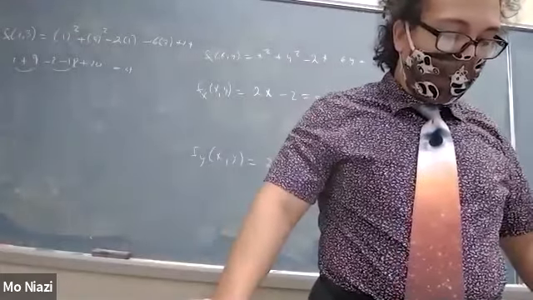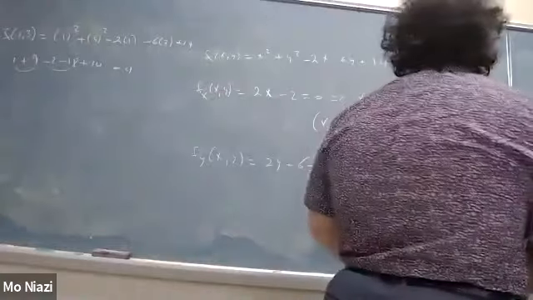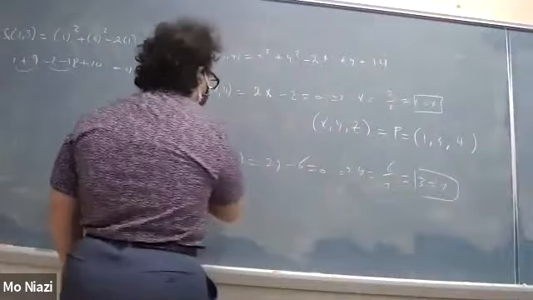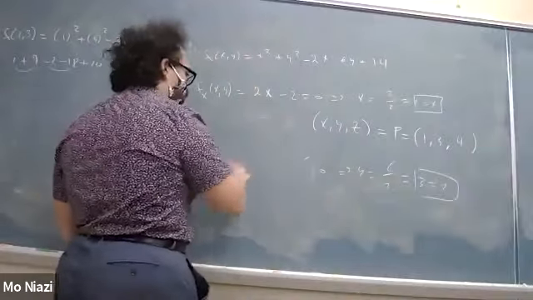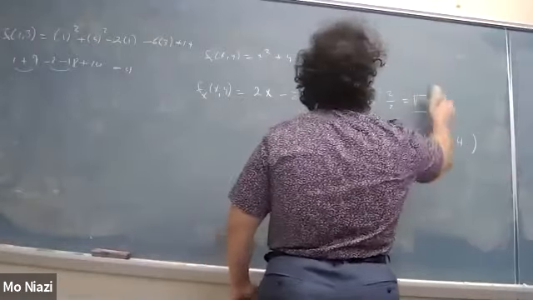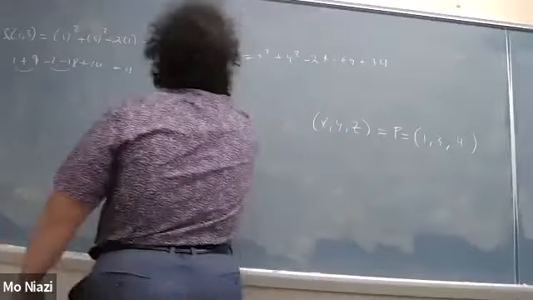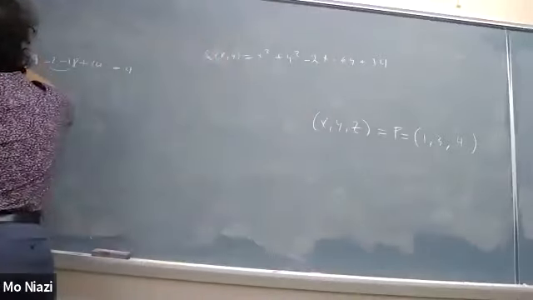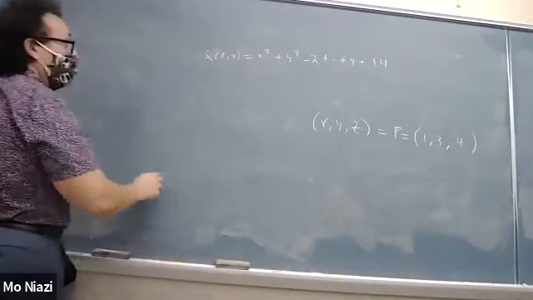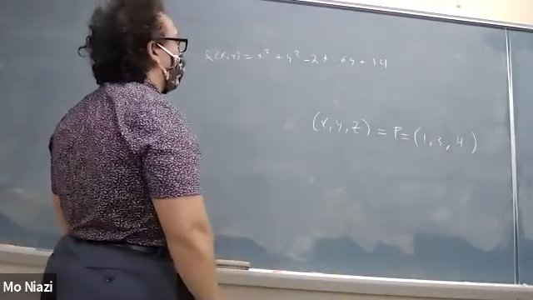So how do we determine whether it's a local minimum or local maximum? Well, if we want to do it just by hand and not graph it using a computer algebra system, what we can do is try and get that equation to look like something in a standard form, okay?